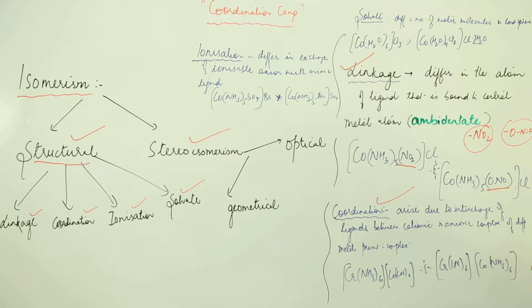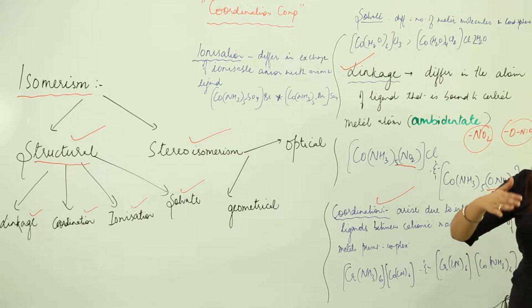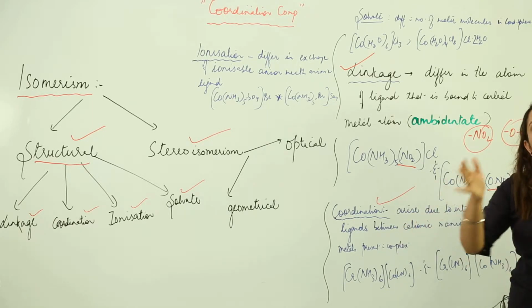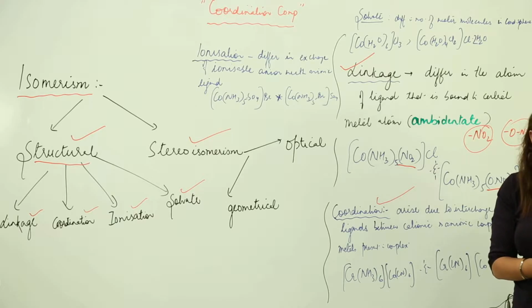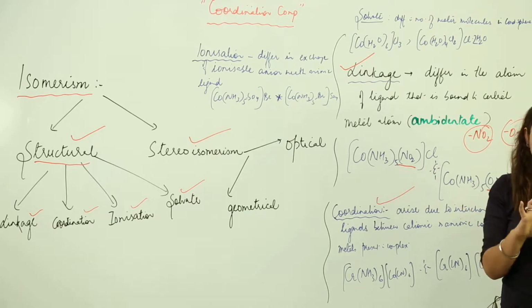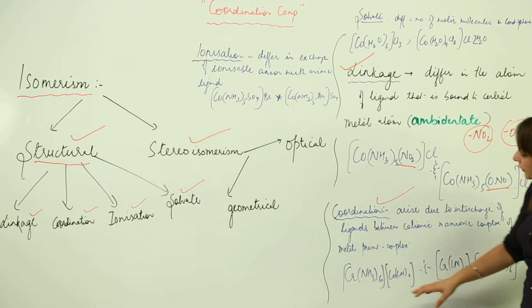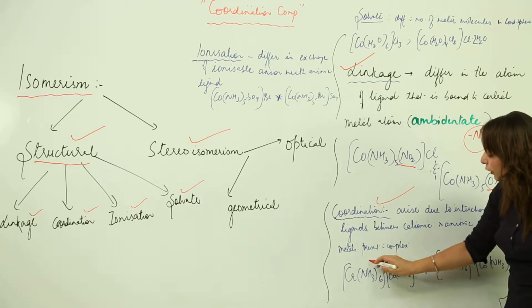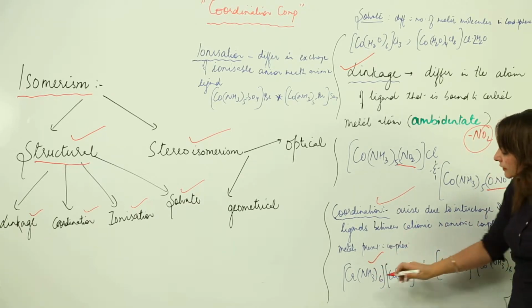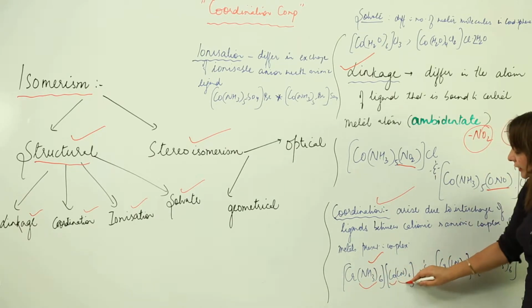Second is the coordination one. What happens in the coordination one? It is seen in complexes in which we have both a cationic complex and an anionic complex. There will be an exchange of ligands between the cationic and the anionic complex. As you can see here, we have [Cr(NH3)6], meaning the ligands for the chromium central metal atom are six ammonias, and for the cobalt the ligands are cyanide.